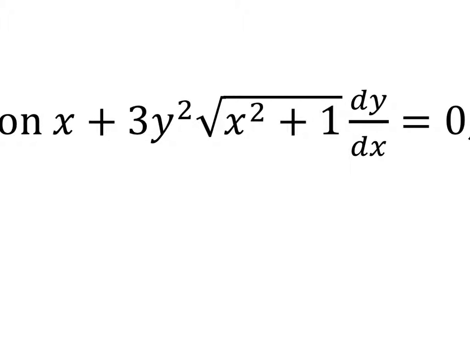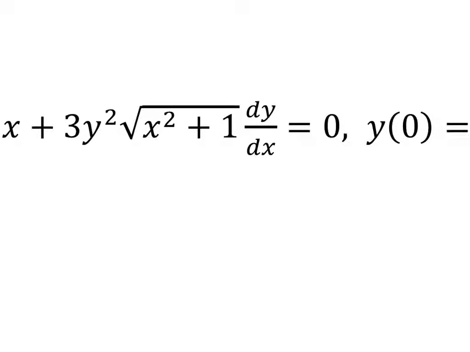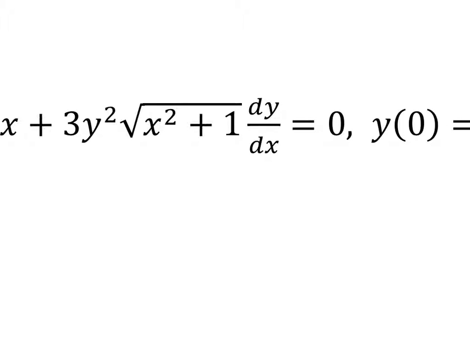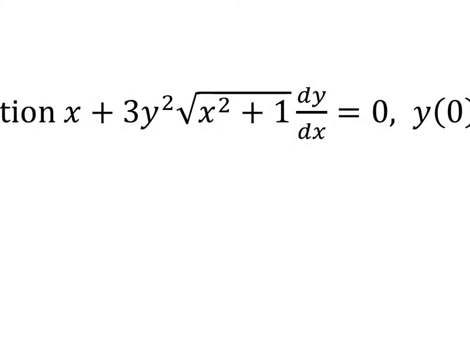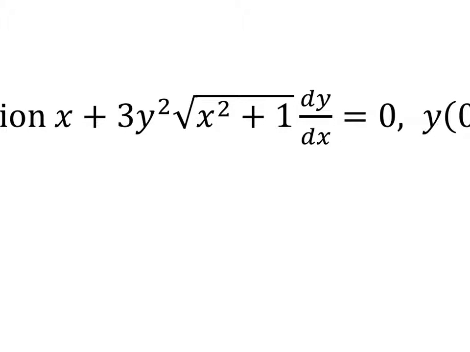This one has an initial condition. Okay, so the first thing is you gotta split all the x's and y's. You can see that there's a plus sign, so usually plus sign is not preferred, except in this case you can solve it. So we're gonna subtract x on both sides first.